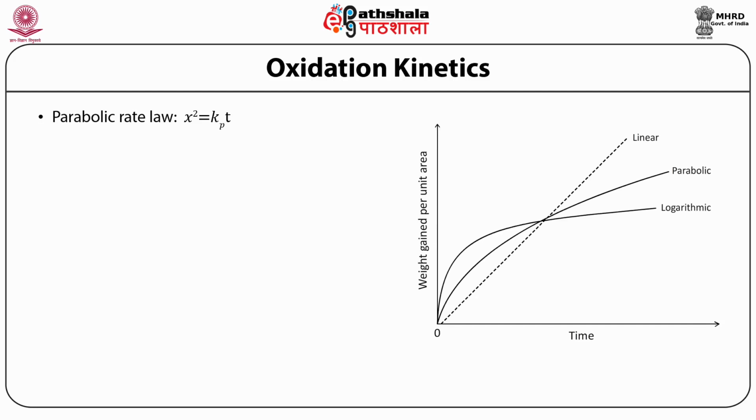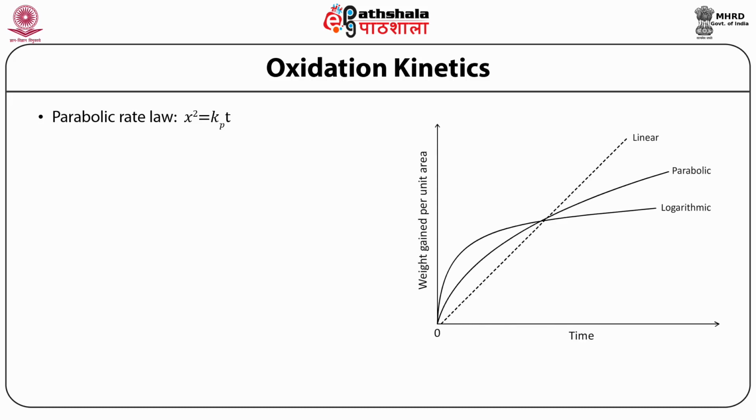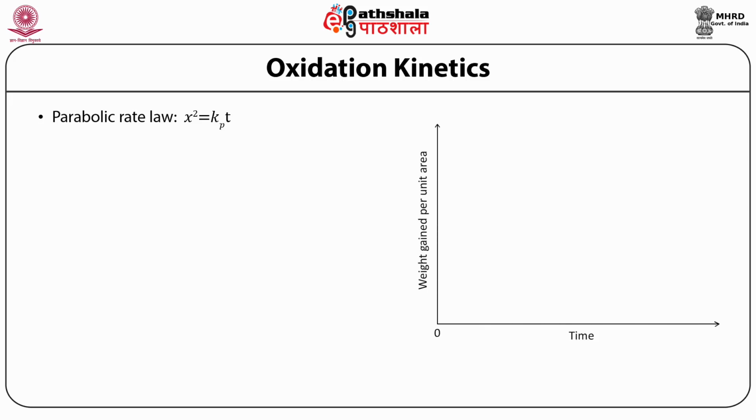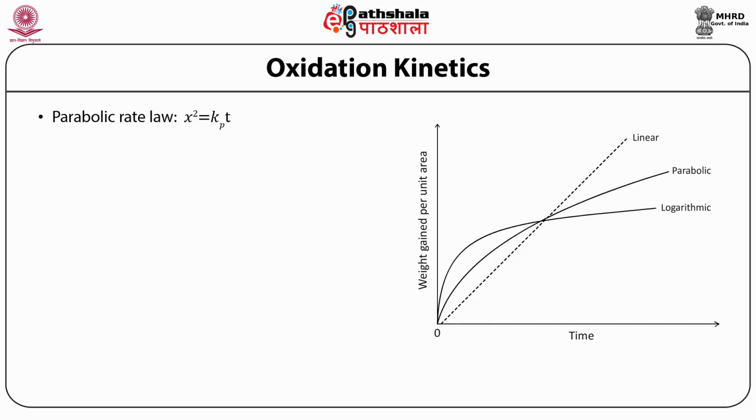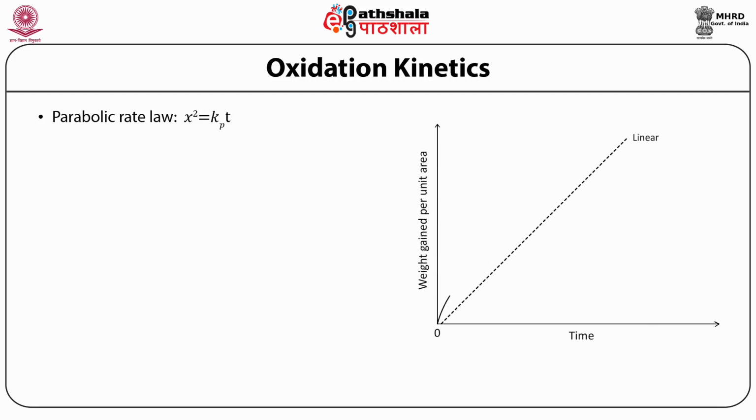The parabolic rate law can be derived by considering the diffusion controlled growth of the oxide film. This figure shows the steady state flux of diffusion of metal ions from the metal oxide interface to the oxide environment interface is rate controlling.